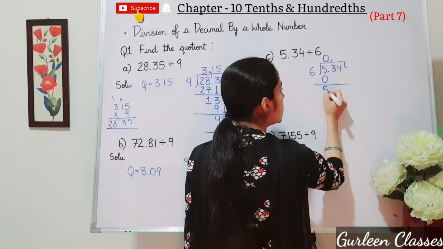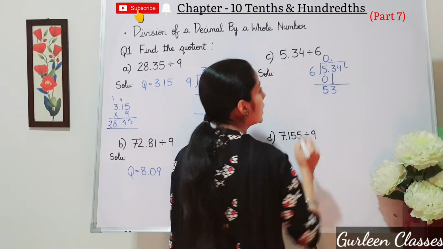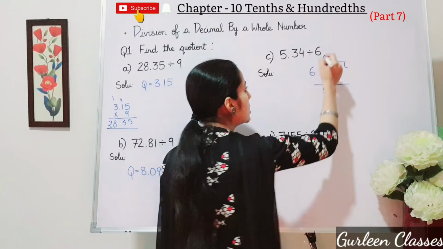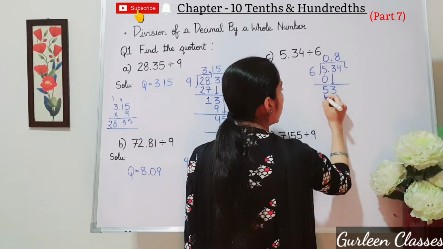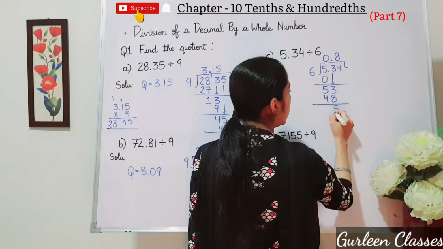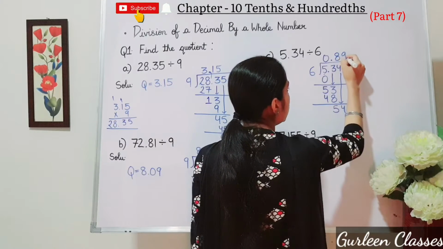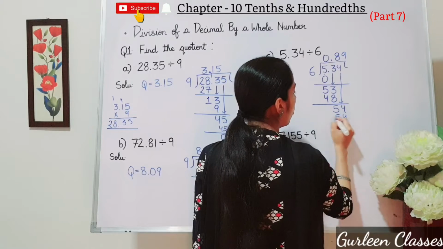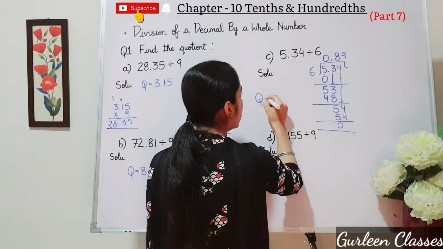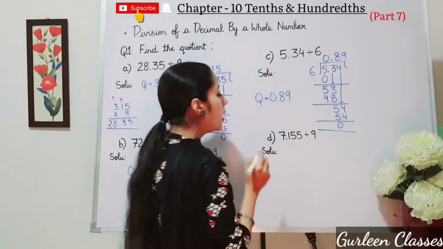So 5 minus 0 is 5 and 3 will come down. 6 7s are 42, 6 8s are 48. 53 minus 48, 5 and 4 will come down. 6 9s are 54 and remainder is 0. So here the quotient is 0.89.